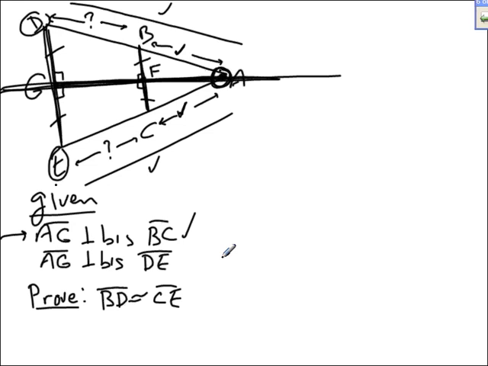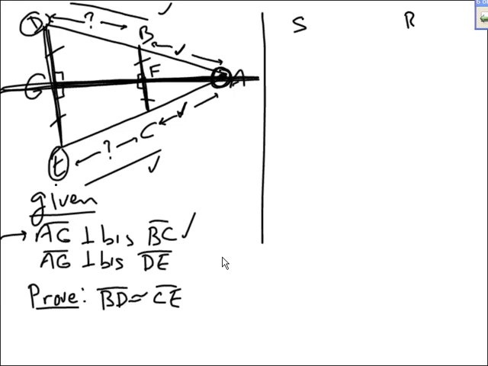Well, if two quantities are equal, like AD and AE, and you take away equal pieces, like AB and AC, what's left over is equal, which is BD and CE. Okay, so let's write that up and we'll be done.